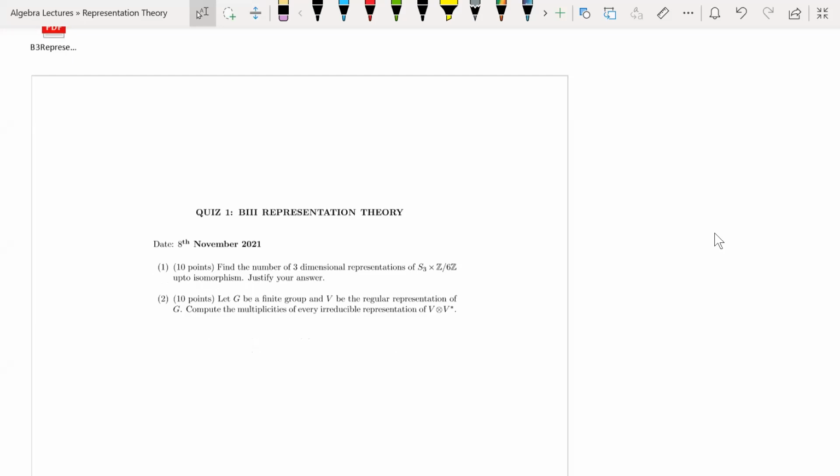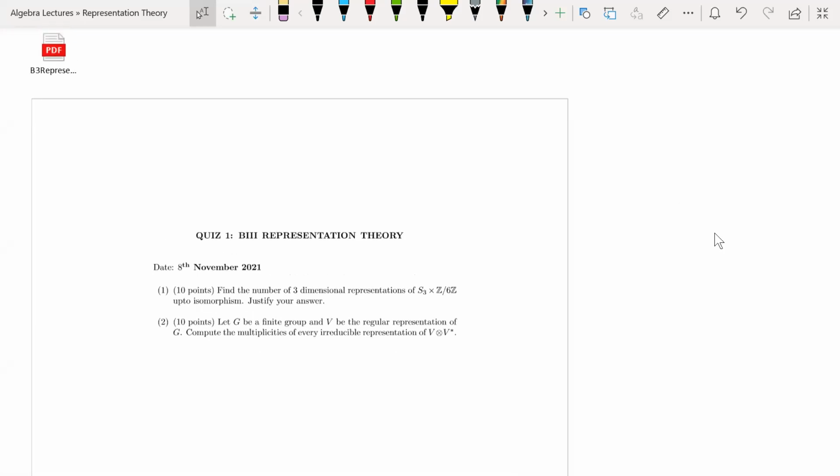This was the quiz. So the first question was to give all the three-dimensional representations of S3 cross Z mod 60 up to isomorphism.